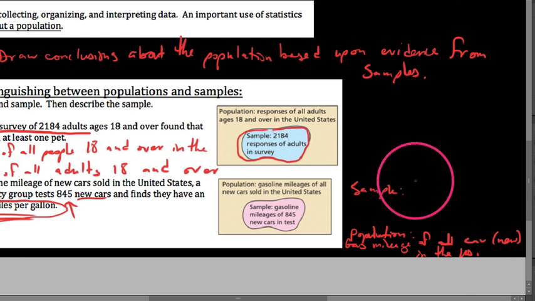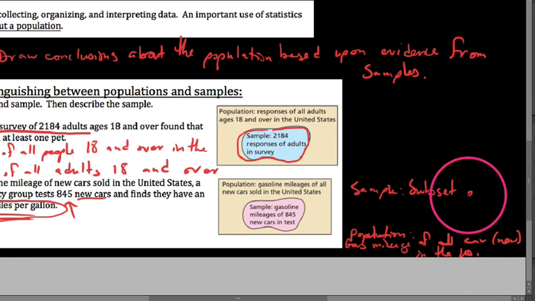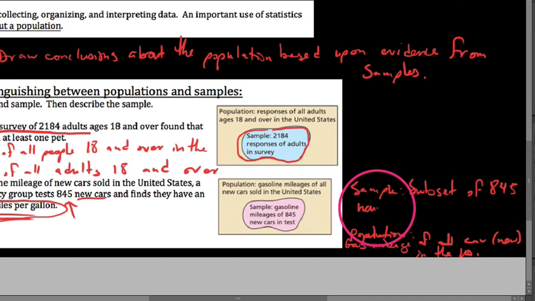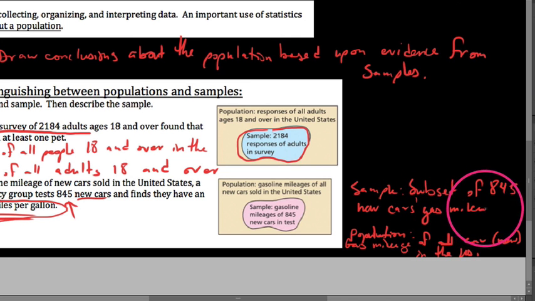And so we would say that this sample here is just a subset of, it looks like 845, new cars' gas mileage. What we're really doing, again, is just taking a look at a sample of cars, a subset of the whole population of these cars.